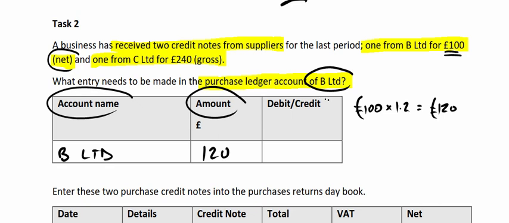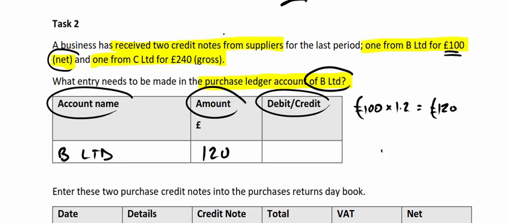And will that be a debit or a credit? Well, this is where you've got to be very careful as to whether you're dealing with a purchase invoice from a supplier or a credit note from a supplier. Now remember, the purchase ledger is looking at the liability we owe to our suppliers. Liabilities are credit balances. So to increase the liability that we owe a supplier would be a credit entry. That's what we'd do if we'd received a purchase invoice from a supplier, because a purchase invoice implies I owe them more.